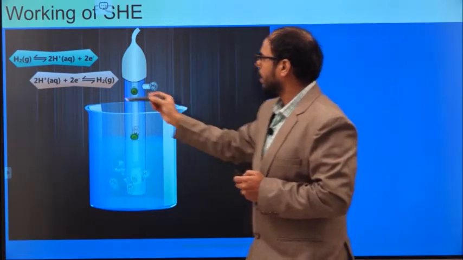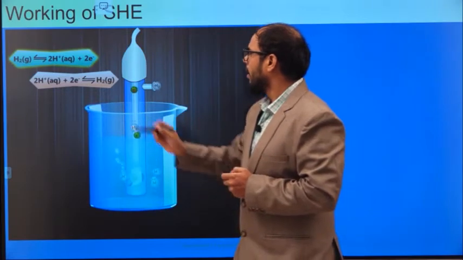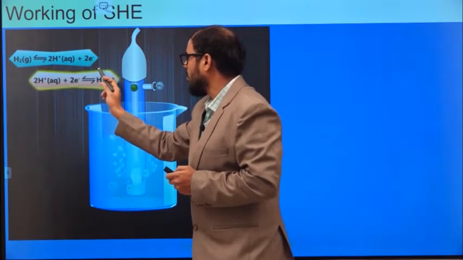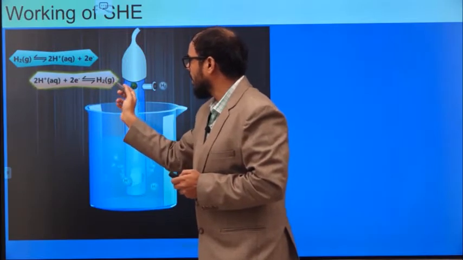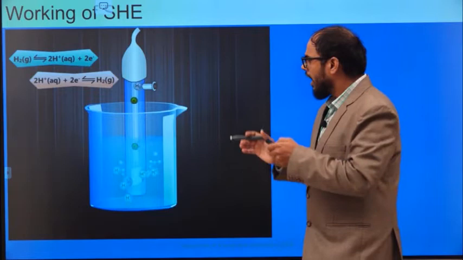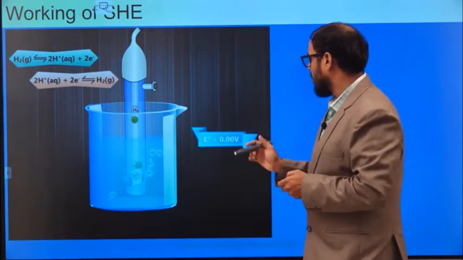We can write this as a reversible reaction, where the oxidation is the release of 2 electrons, and the reduction is the liberation of hydrogen gas. The redox reaction takes place at the surface of this platinum foil.